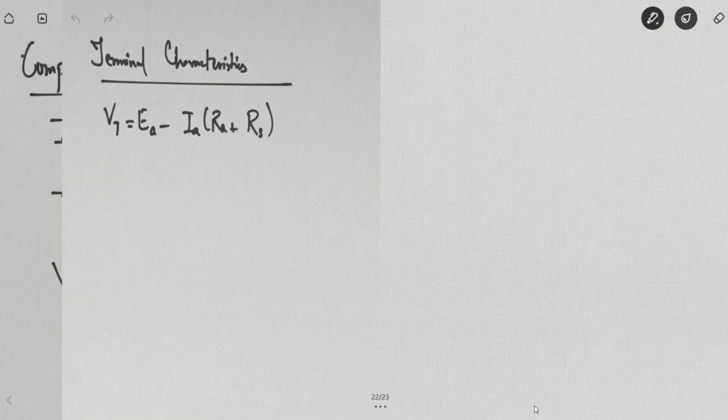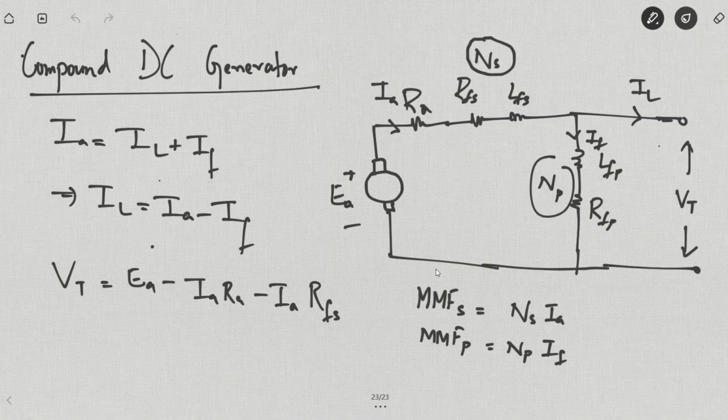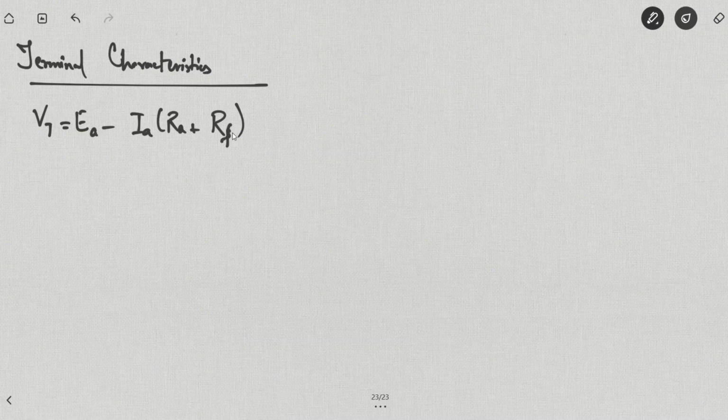Now going to the terminal characteristics. We have the equation VT is equal to EA minus IA into RA plus RS, where RS is the RFS, the resistance of the series field winding.